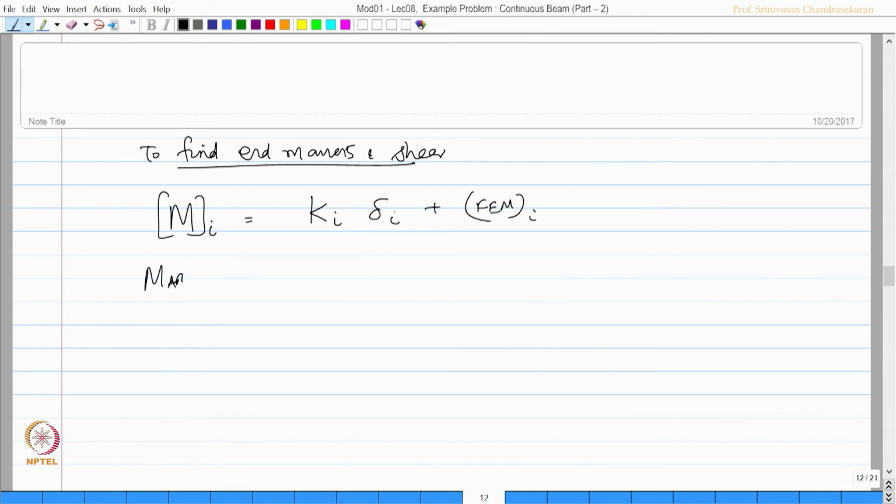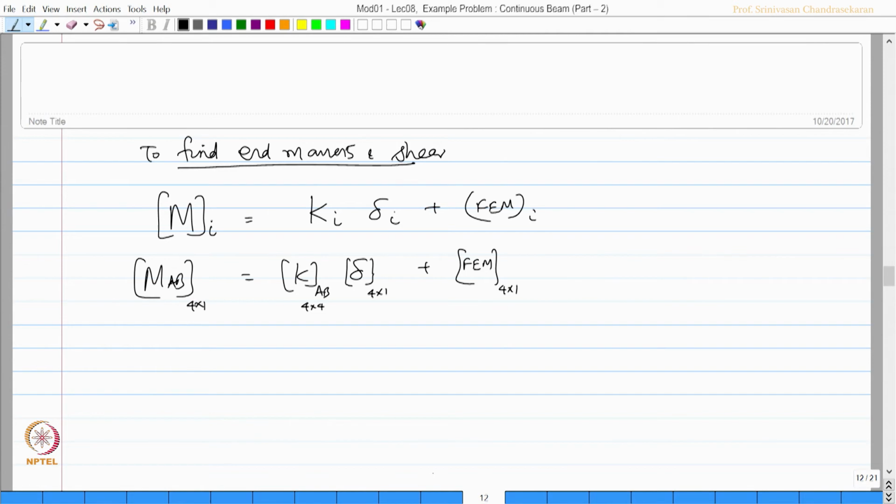So, M AB, which will be 4 by 4, which will be K of AB, which will be again 4 by 4, and displacement vector of AB, which is 4 by 1, plus fixed end moments of AB, which is 4 by 1. So, what will be this value for AB?